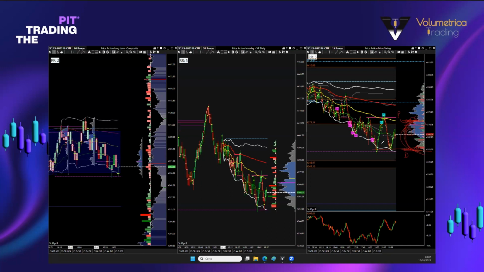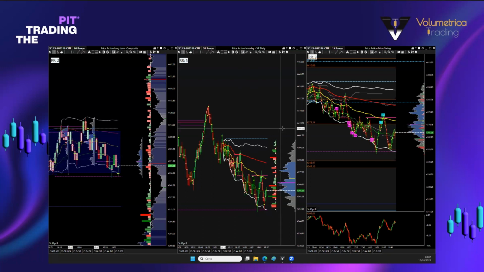Absorption and exhaustion are the most important, the most common order flow events, and actually the explanation of why price strongly reacts on a specific level and sometimes also makes sharp turns on a specific level, because probably there has been absorption or exhaustion taking place.